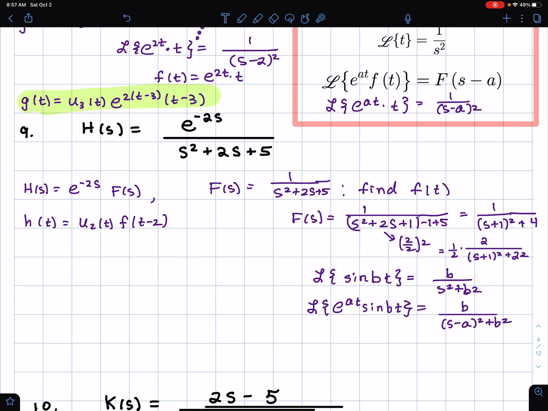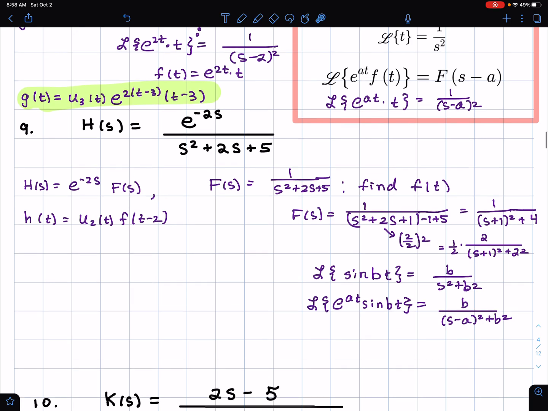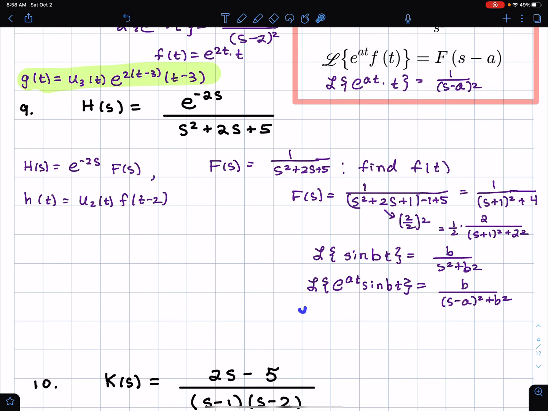I think it's worth it just to put that as a formula instead of having to work through all this stuff. So therefore, Laplace transform of, all right, what am I going to use? If I have s plus 1, but I want to put that as s minus a, so I'm going to put e to the negative t sine, I have 2 squared as b squared, so it's sine 2t, will equal, oh, we had 1/2 also.